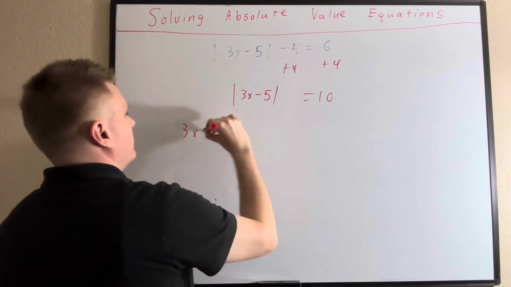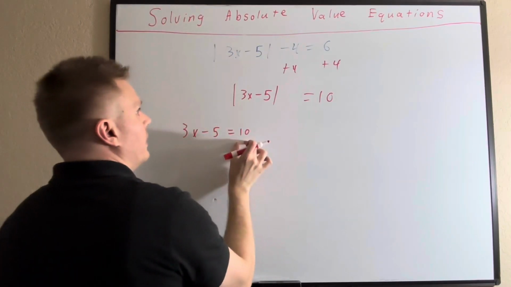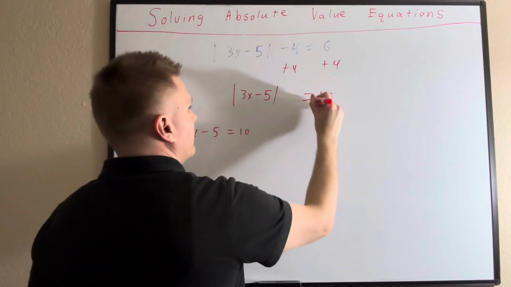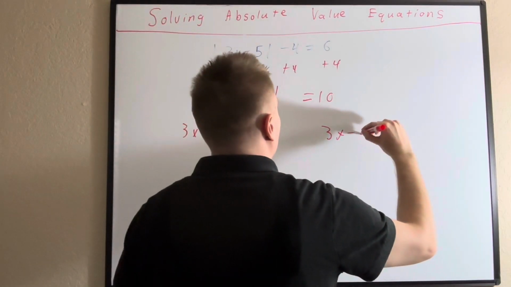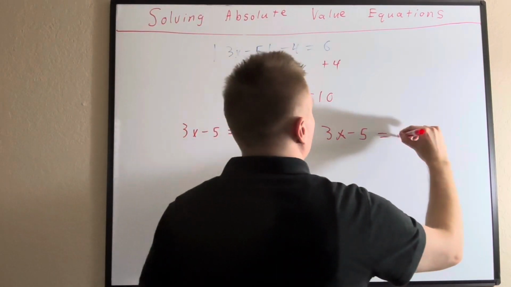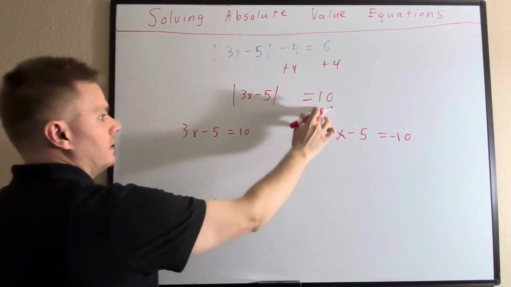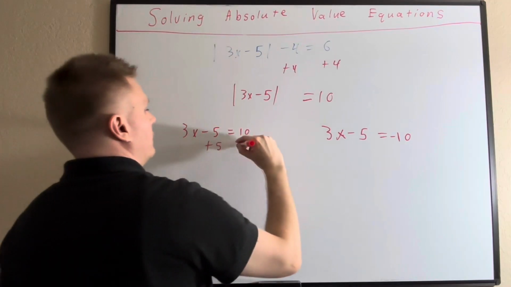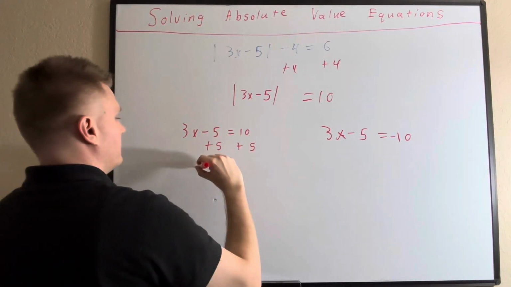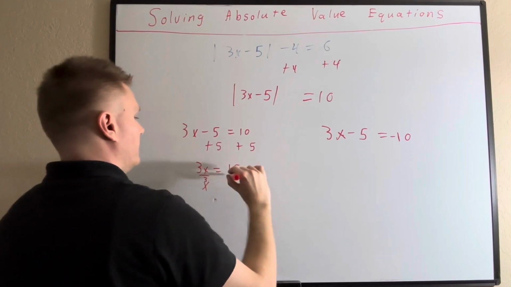So what do we do here? Set it equal to the positive version of what's on the other side, and set it equal to the negative version of what's on the other side of the equal sign. So negative 10 and positive 10. And then just solve both equations. 3x equals 15 divided by 3, right?